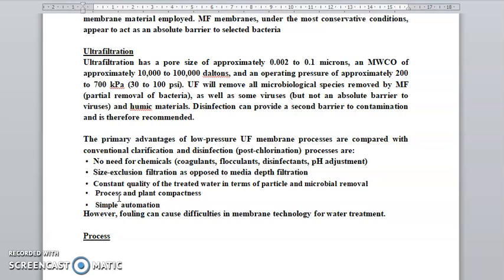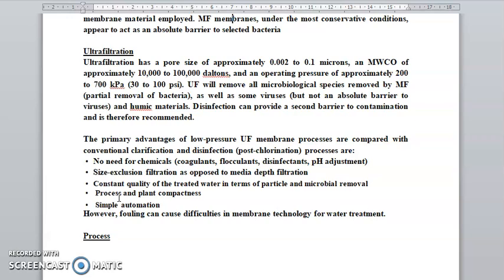The primary advantages of the lower pressure ultrafiltration membrane process compared with conventional clarification and disinfection or post-fluorination processes are: no need of chemicals such as coagulant, flocculation, disinfection, or pH adjustment; size exclusion filtration as opposed to media depth filtration; constant quality of the treated water in terms of particles and microbial removal; process and plant compactness; and simple automation.